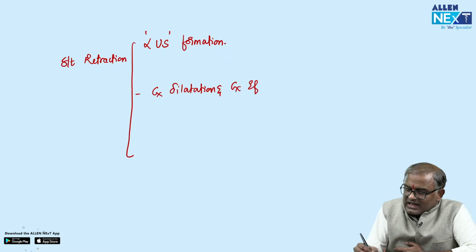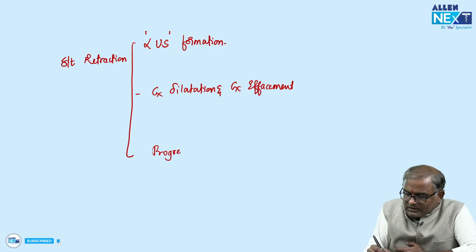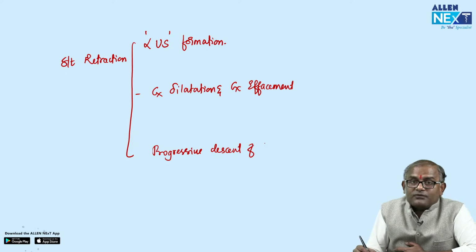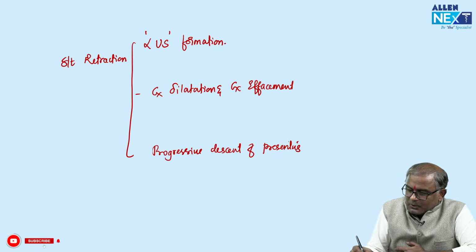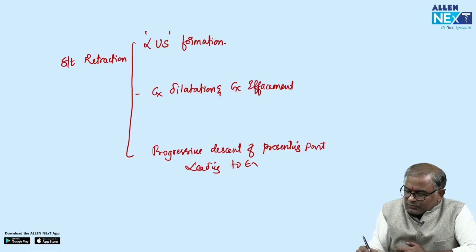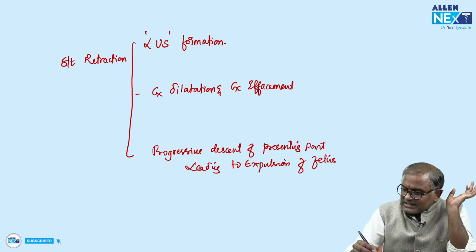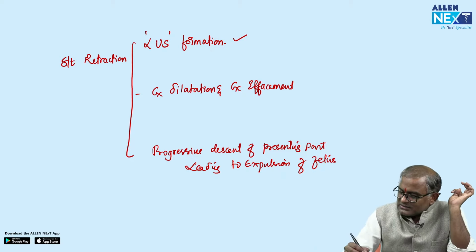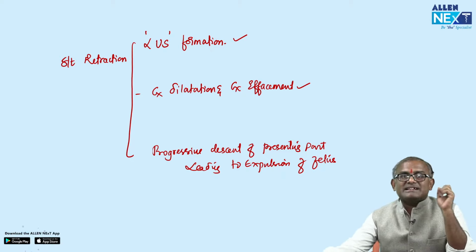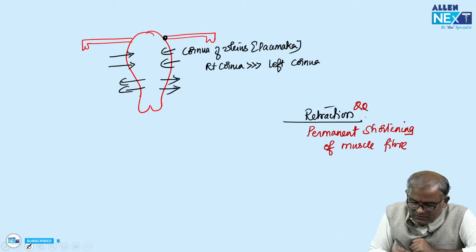And it also leads to progressive descent of presenting part, leading to expulsion of fetus. So this is the importance of retraction. So retraction is a unique property which leads to lower uterine segment formation, leads to cervical dilatation and effacement, which leads to progressive descent of presenting part leading to what? Expulsion of fetus.